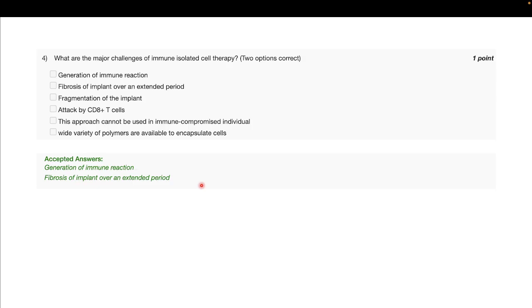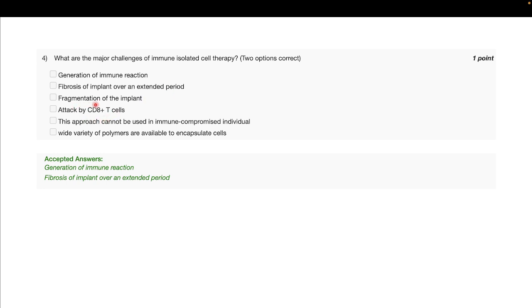It will completely isolate it, and then fibrosis: a lot of proteins that are present around will start adhering on this particular implant, and it will lead to fibrosis of that implant. In that case, you have to remove it because it's not a very good condition. So these are the major challenges of immune isolated cell therapy.